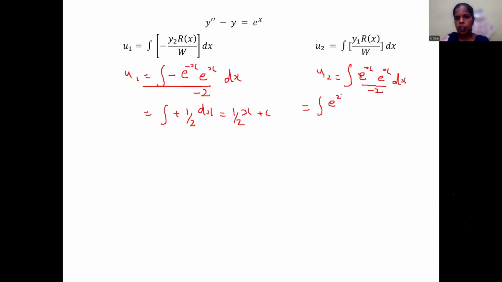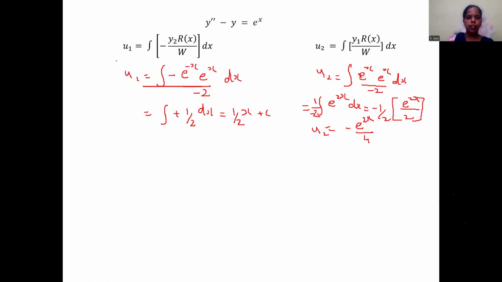So e power 2x, and here we can write 1 by minus 2 dx. So which is equal to minus 1 by 2 times the integration of e power 2x, whose value is e power 2x by 2. So which is equal to minus e power 2x by 4. So you got u1 and u2.